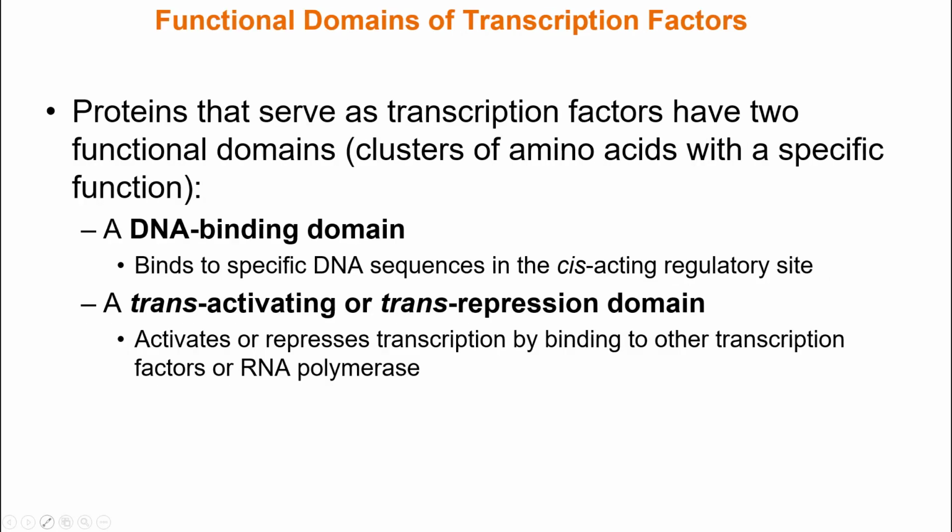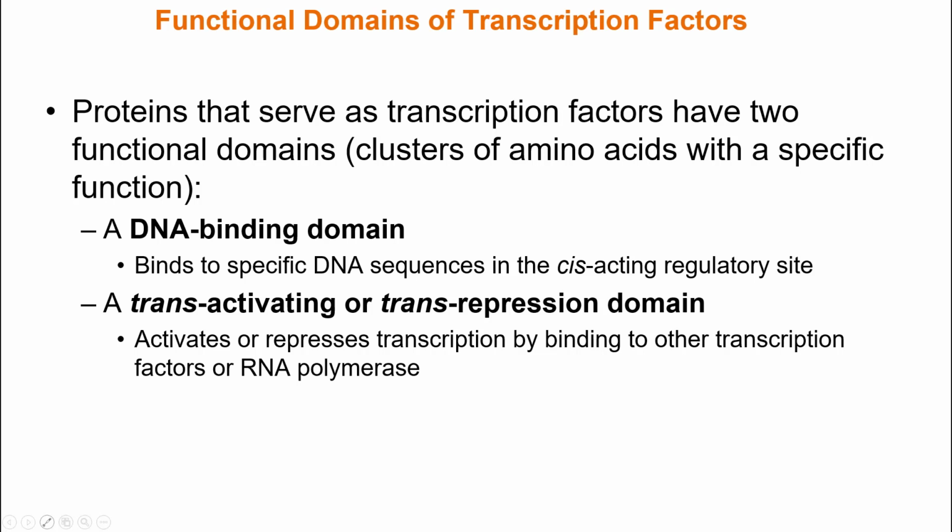If we look at the actual structure of a transcription factor, they have two functional domains. What I mean is a cluster of amino acids that has a very specific function. One cluster is what we call a DNA binding domain. This is the area in which the transcription factor binds to a very specific DNA sequence for which it matches, and generally that sequence is going to be found in that cis-acting regulatory site.